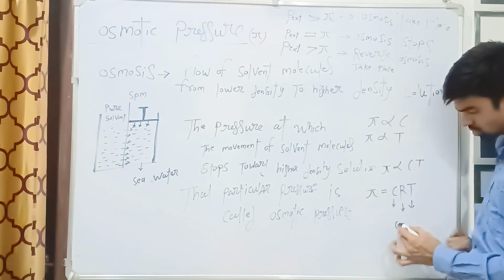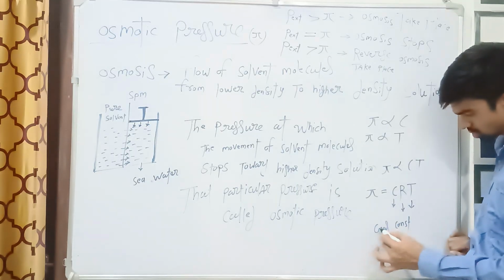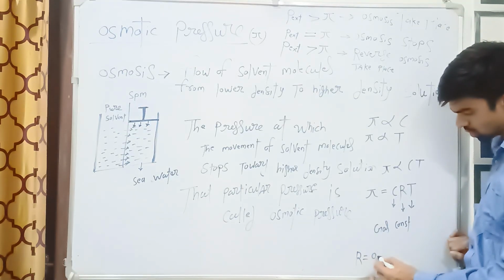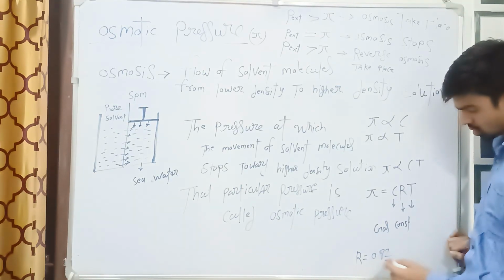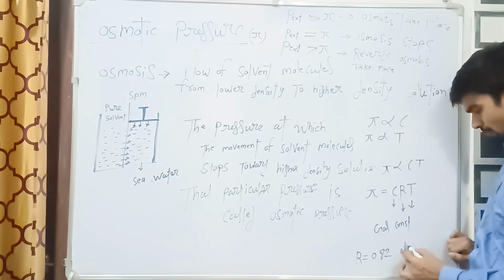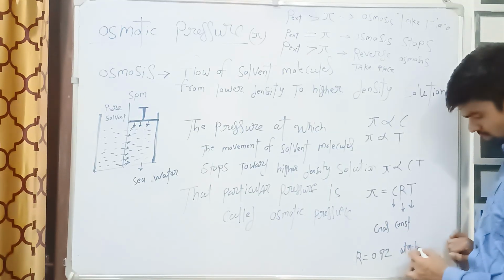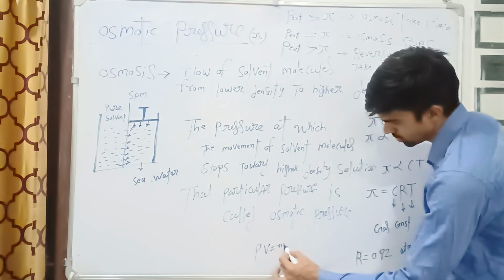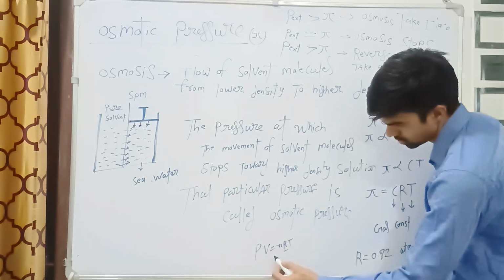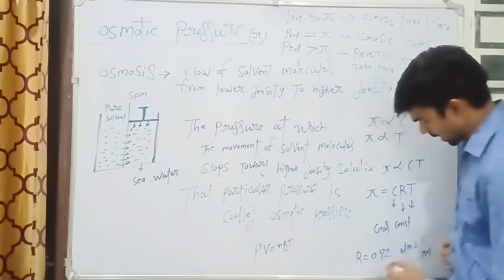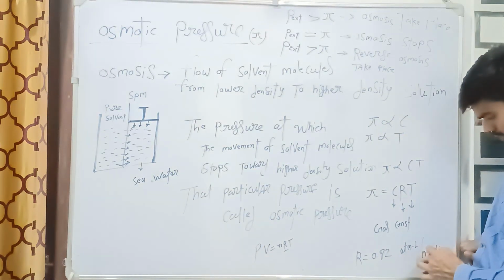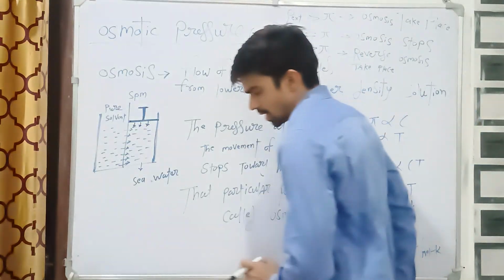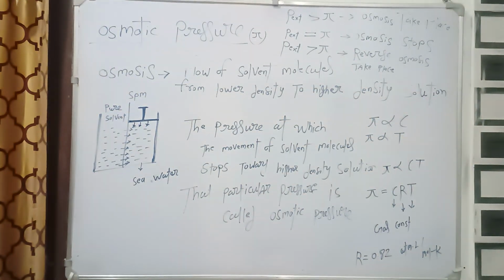The value of R is 0.082 atm liter per mole Kelvin. So this is the value of R for atmospheric pressure.